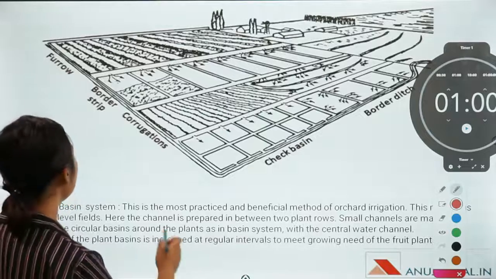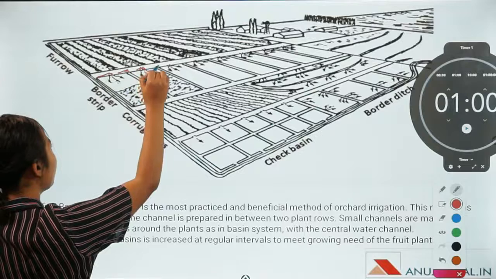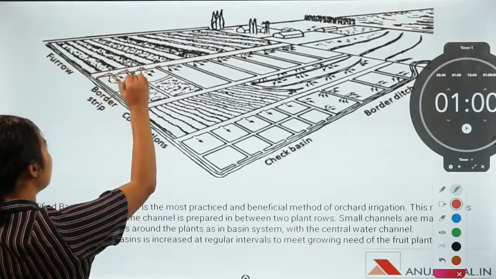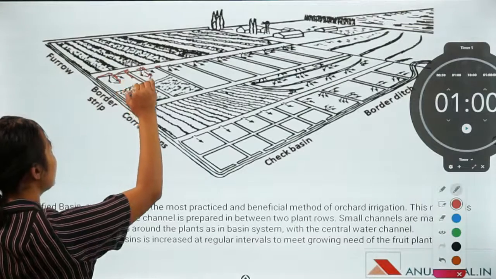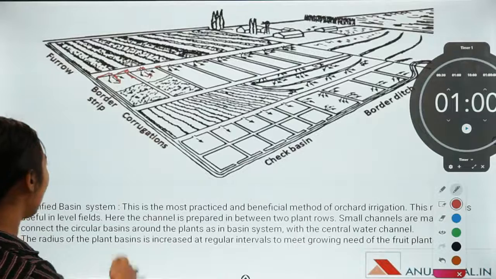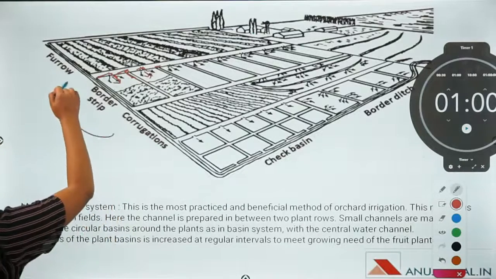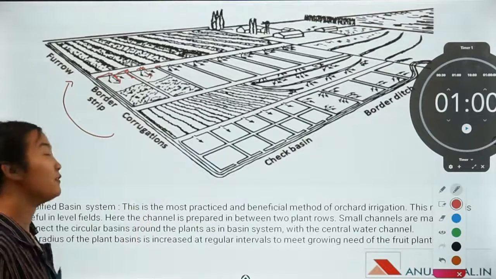Here the water is flooded through, and in this way it is given to every border strip, so they can be irrigated. Then we have corrugations. Corrugations are nothing but finer furrows.